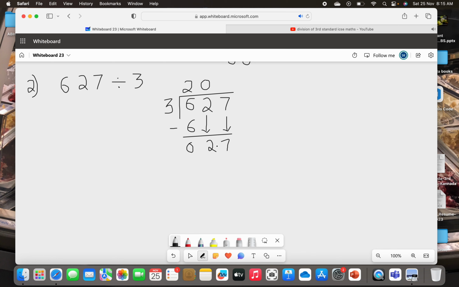Since you're pulling down two numbers, you need to add a 0 here.